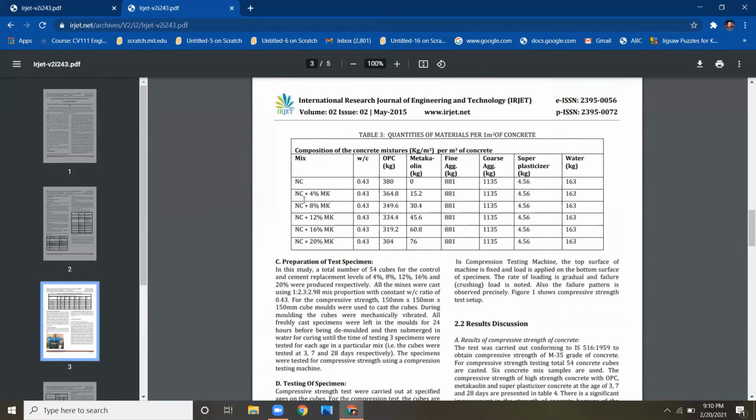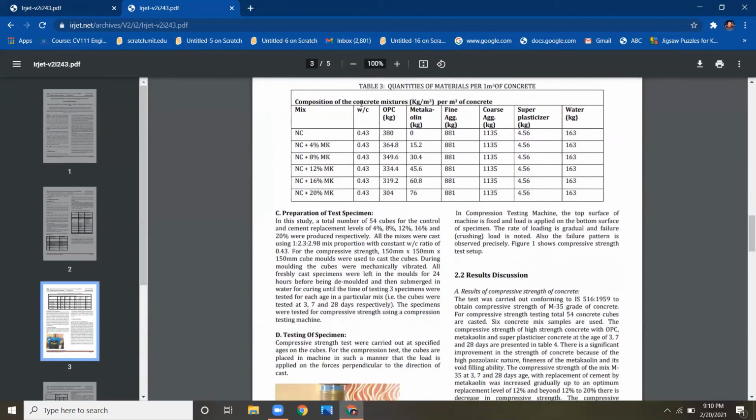First one is the mix: normal concrete, then normal concrete plus 4% metakaolin, normal concrete plus 8% metakaolin, with the OPC in kg. You can see the amount of cement reduced from 380 kg to 364, and then it gets reduced further, but the water cement ratio was constant. Then metakaolin in kg was this, and the fine aggregate amount was given.